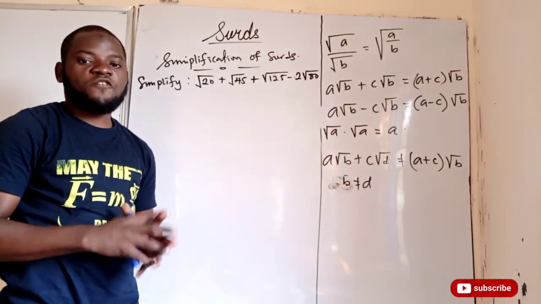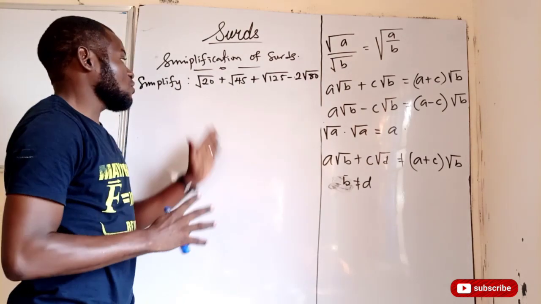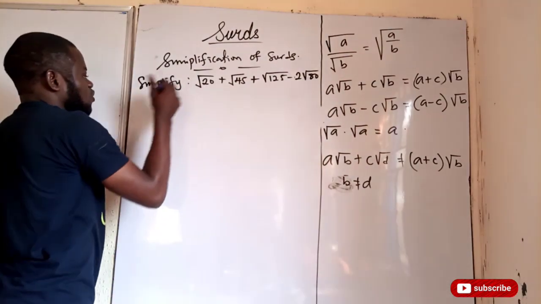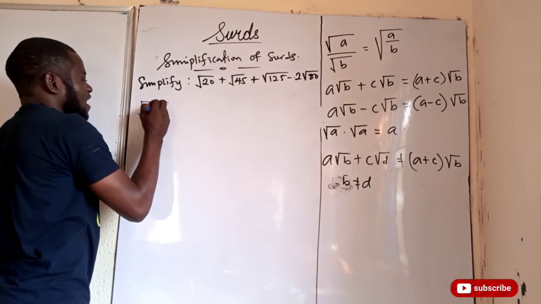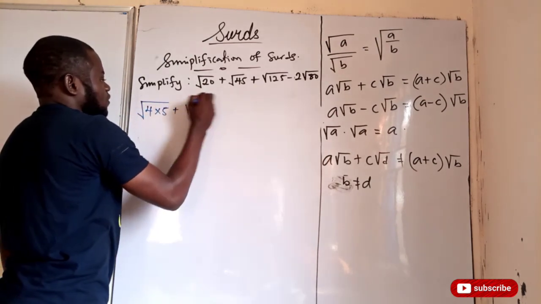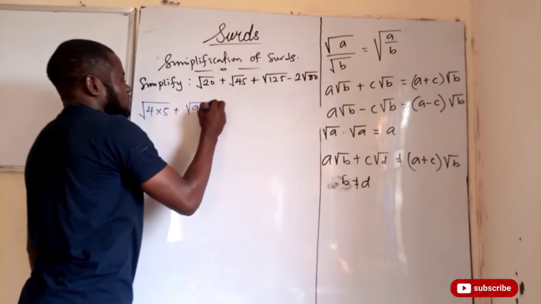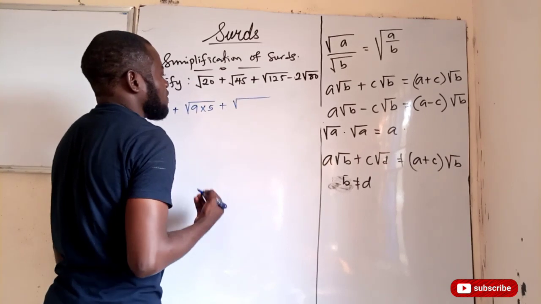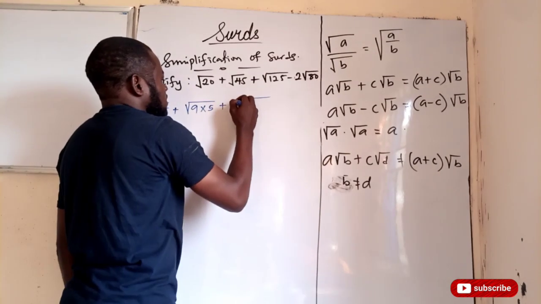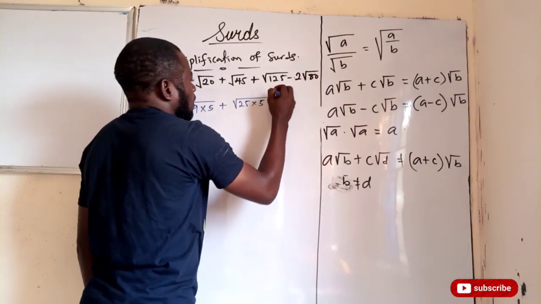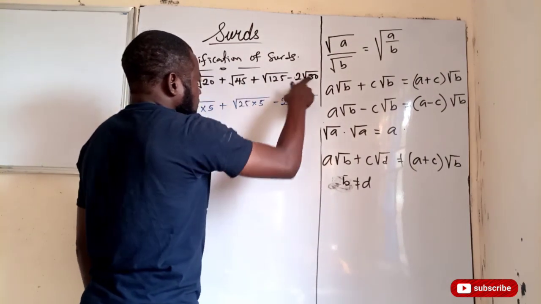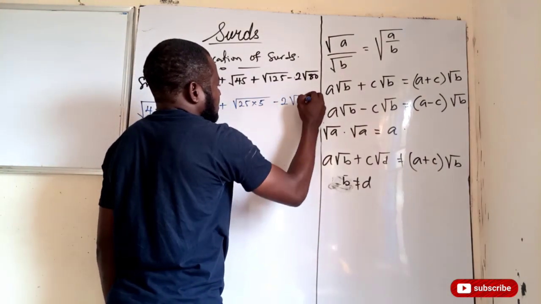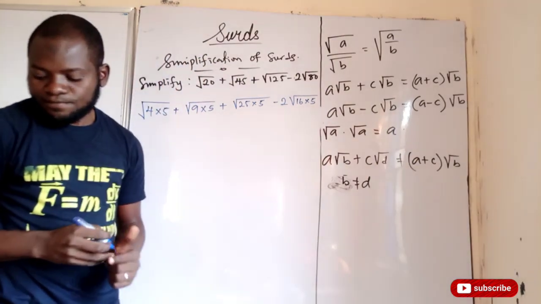So the first thing to do before we carry out any operation is to reduce everything here to their basic form. Root 20, I can write it as root of 4 times 5, plus root 45, I can write it as root of 9 times 5, plus root 125, I should be able to write it as root of 25 times 5, and minus 2 root 80, I should be able to write 80 as 16 times 5 if I'm not mistaken.